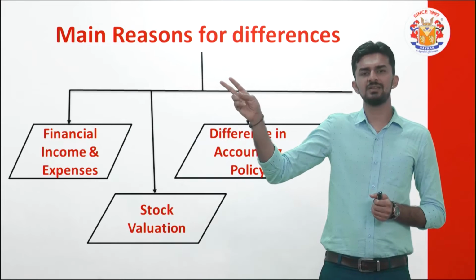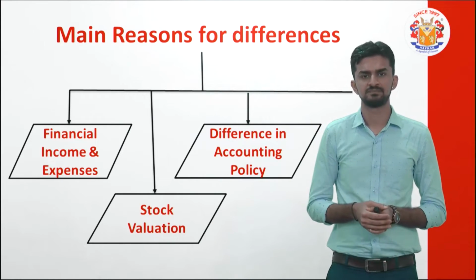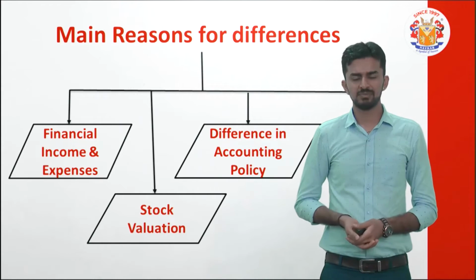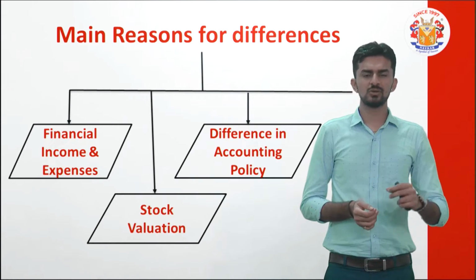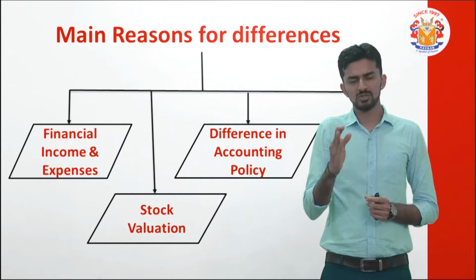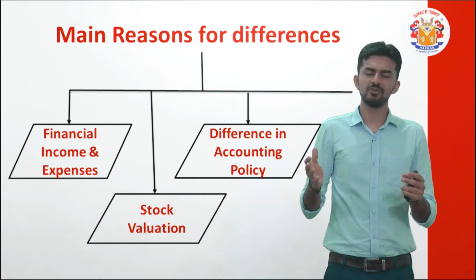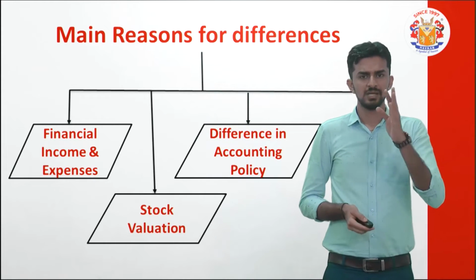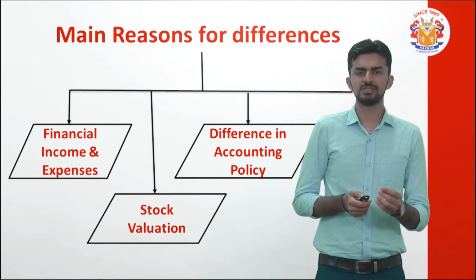And if depreciations are different, profits will be different, and we have to prepare a reconciliation statement. One more example is, your financial accounts can value stock on FIFO method. Your cost accounting may value stock at LIFO method. Again, difference in accounting policies, and your two profits might differ due to this reason.